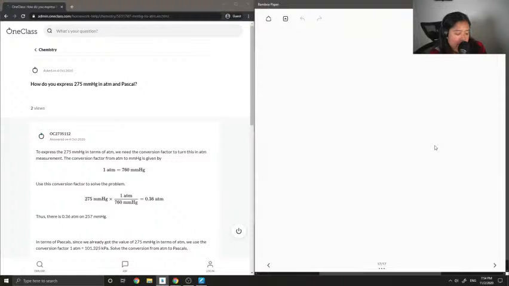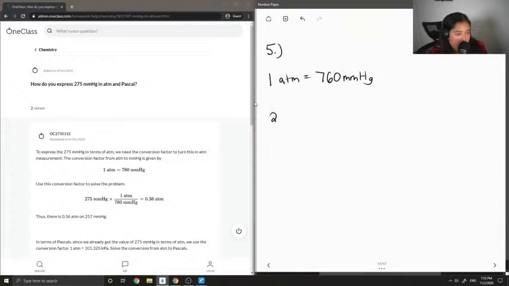Okay, so let's look at question number 5. How do you express 275 millimeters of mercury in ATM and Pascal? I'm going to use the conversion factor where 1 ATM is equal to 760 millimeters of mercury.